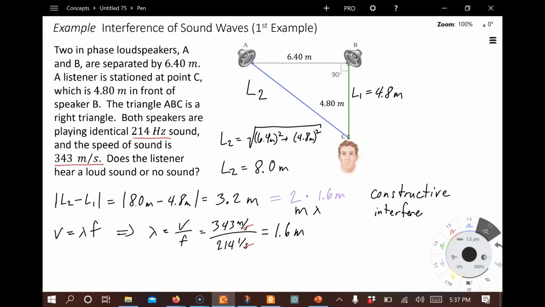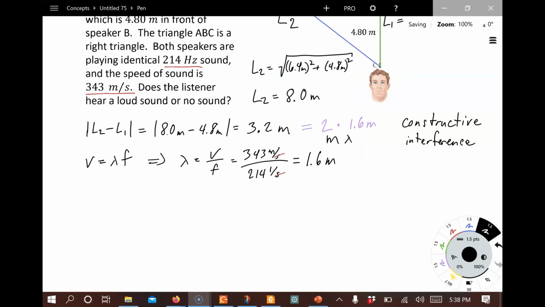Now, a simpler way to figure out if 3.2 is constructive or destructive is to take the path length difference, L2 minus L1, 3.2 meters, and divide it by the wavelength. In this case, the wavelength is 1.6 meters.